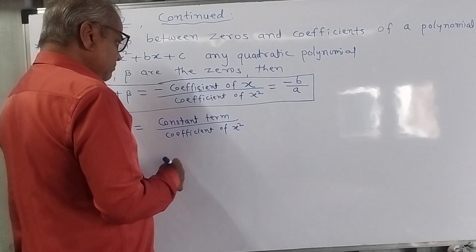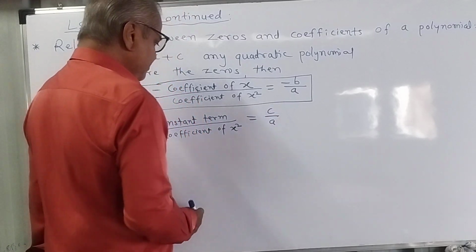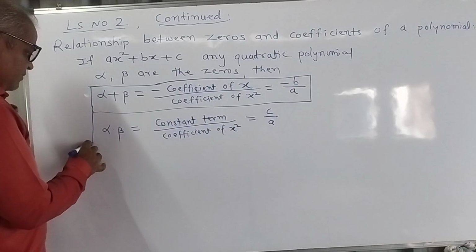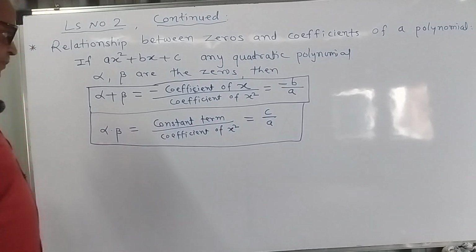What is the constant term? c upon a is one more relation, that is alpha dot beta is equal to c upon a.